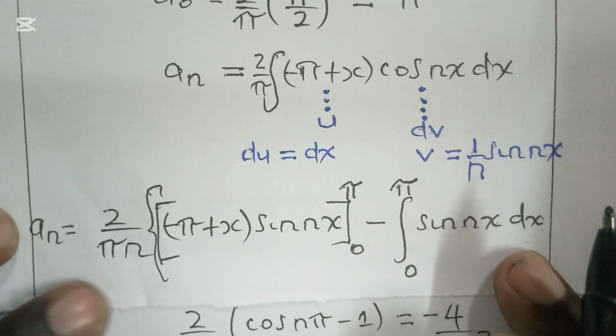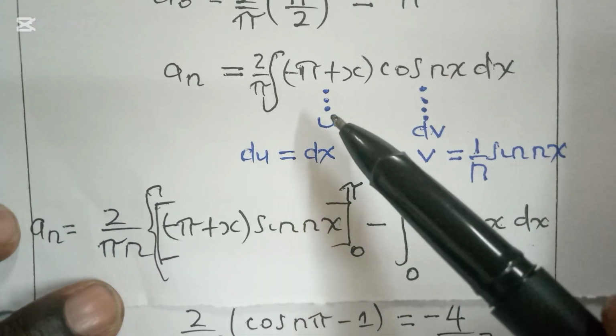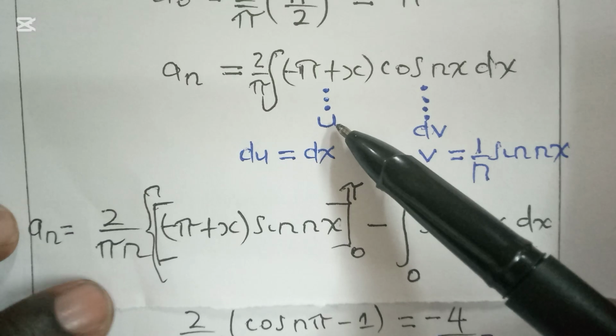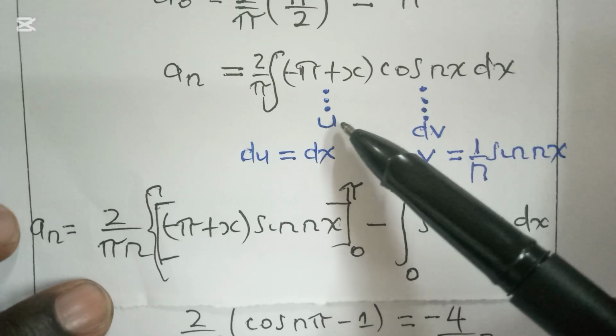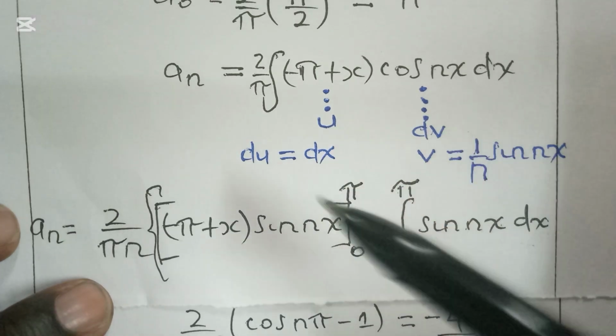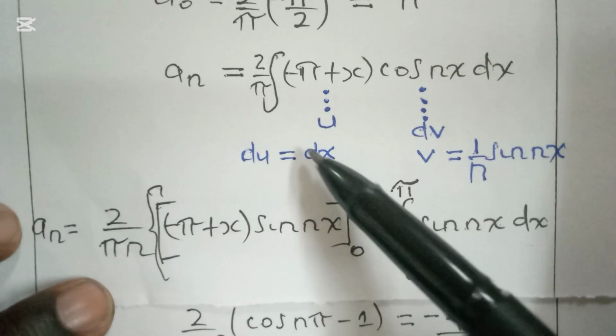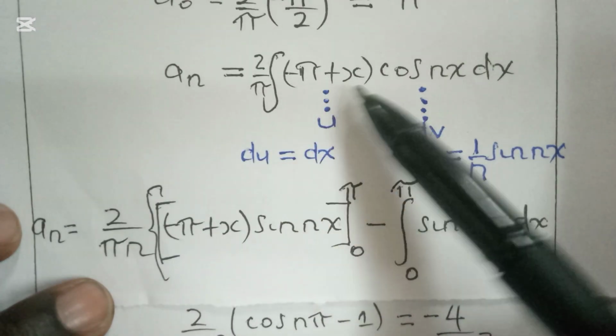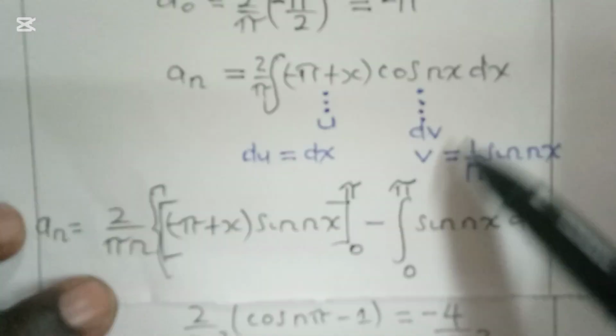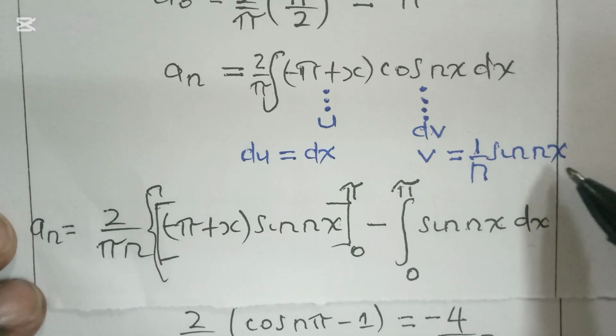So guys, we continue from there, and this is how I have done it. I've got this is integration by parts. This is u and this is the dv. So that du is equal to dx for that, and then the v for that is supposed to be 1 over n sine nx.